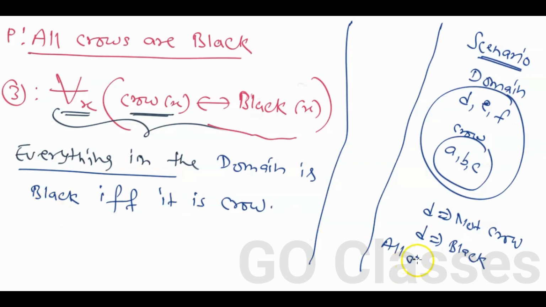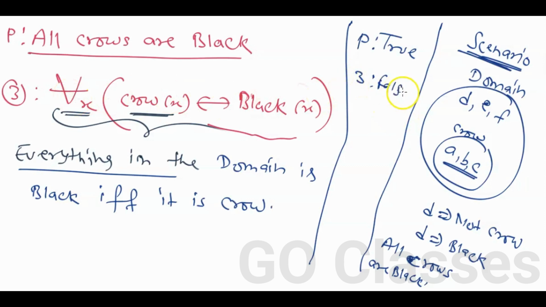So I am saying all crows are black. In this scenario where I am assuming that all crows are black, so A, B, C are black, our English statement will become true. But you can notice that this expression 3 will become false.